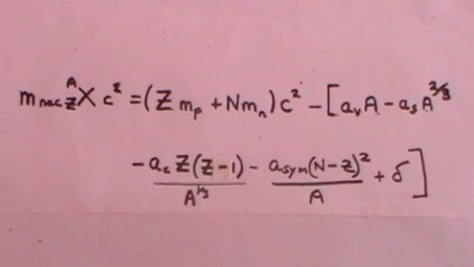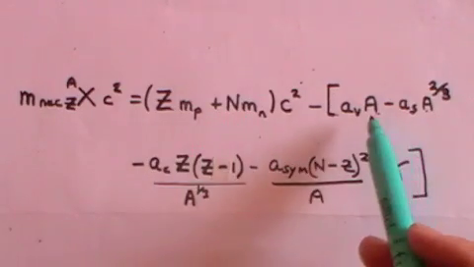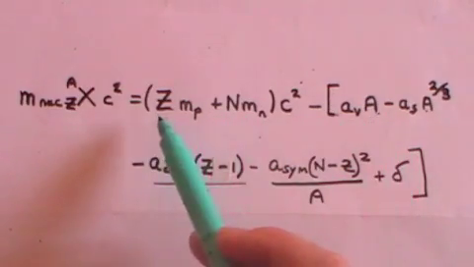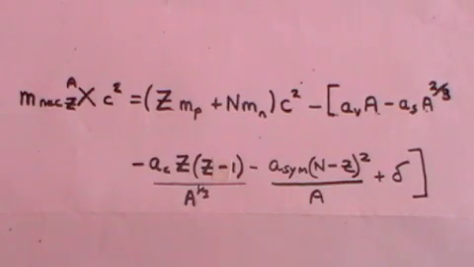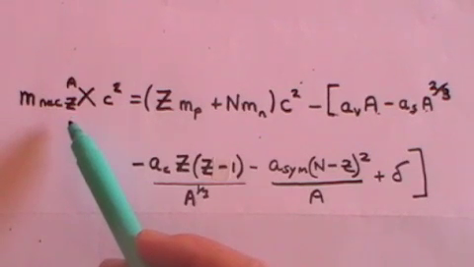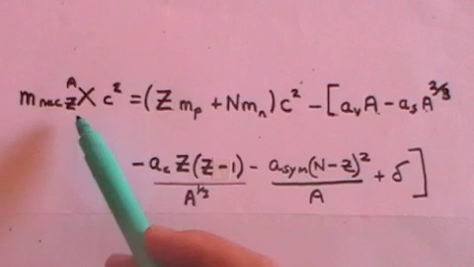So I could fit all the different values. A would be 100 in each case, but I could put in Z and N with all the values such that Z and N always add to 100. You start with Z is 100, N equals 0, then you do Z is 99, N equals 1, and you calculate the mass energy for all those atomic nuclei. And what nature says is, I want to occupy the lowest energy that you calculate.